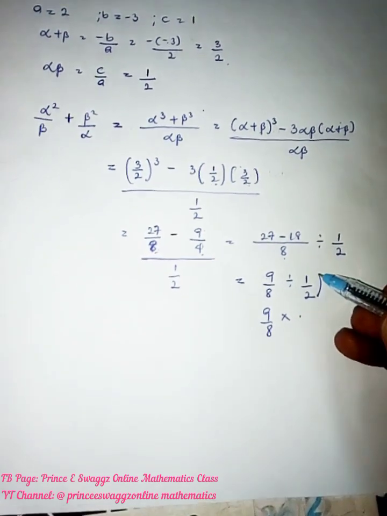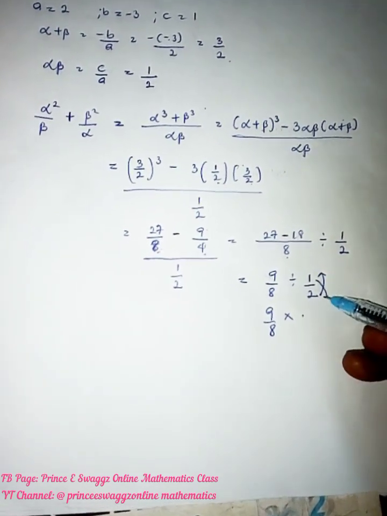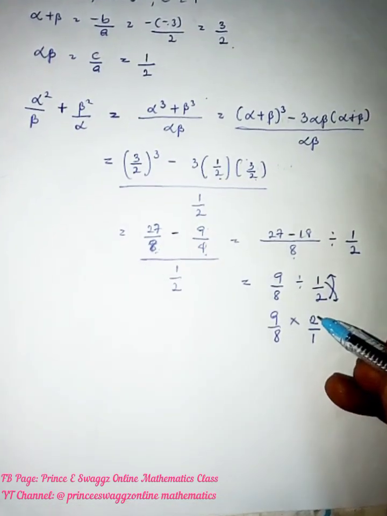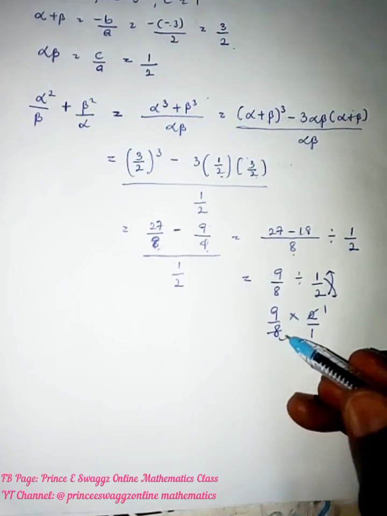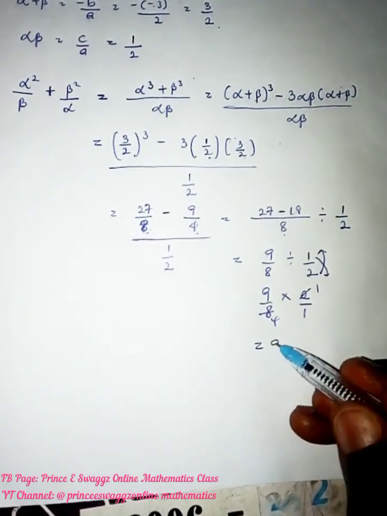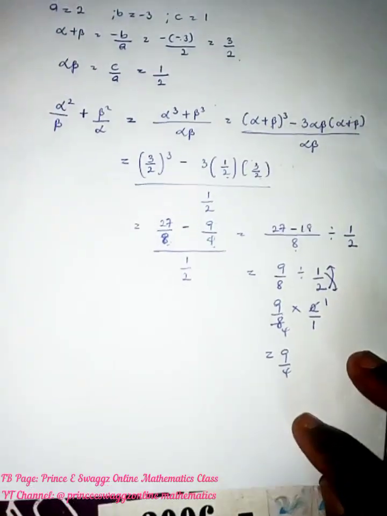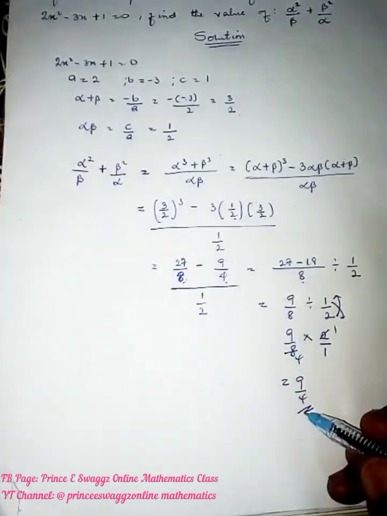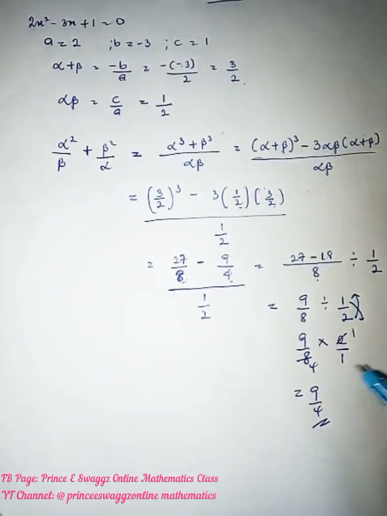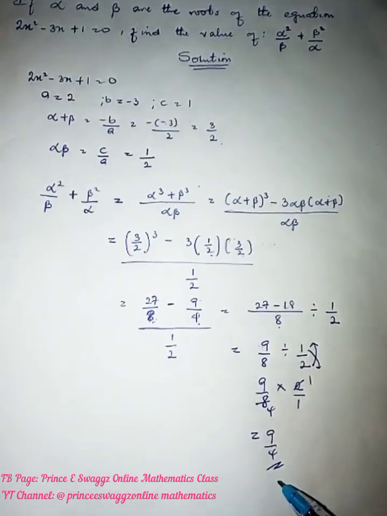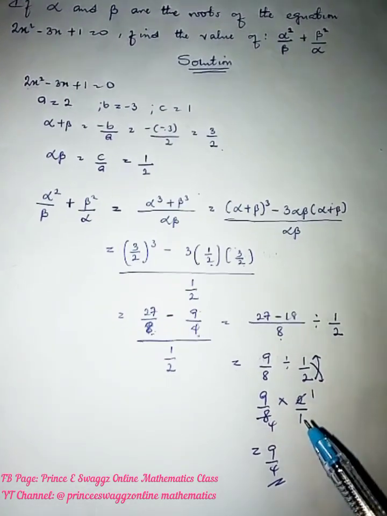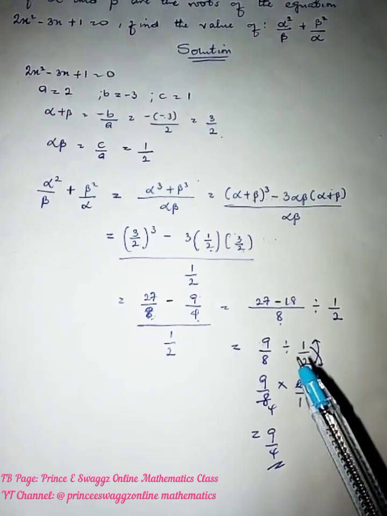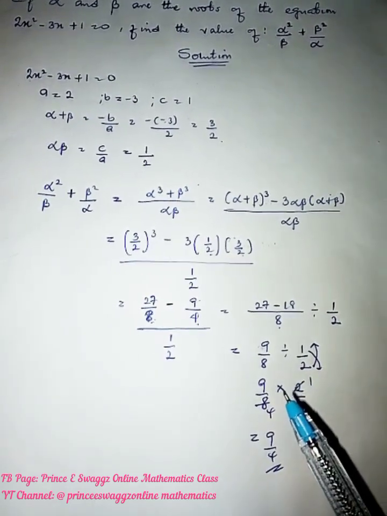So 2 will go up and 1 will come down, that is 2 over 1. So we cut 2 here and 4 here, and that gives us 9 over 4. So our final answer is 9 over 4. That is the value for alpha squared over beta plus beta squared over alpha.